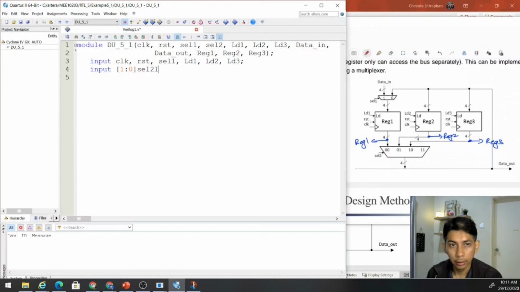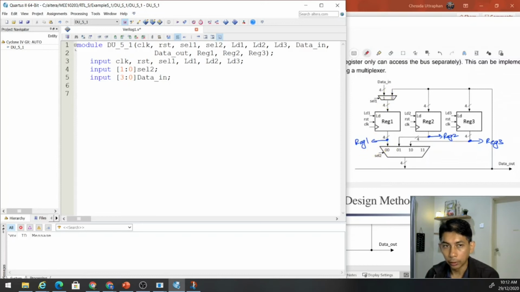SEL2. And also we have this data in input, which is 4-bit. Do we have any other inputs?